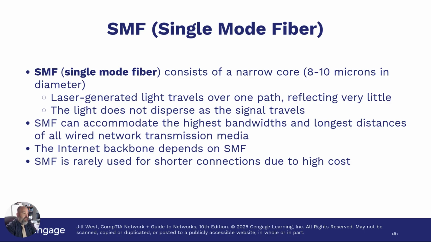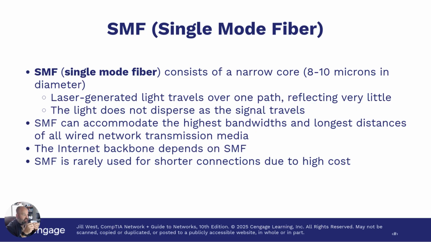When we're looking at fiber, we're going to start with single mode fiber. Single mode fiber is like the Lamborghini of fiber optics. It has a narrow core, which is around 8 to 10 microns, which is thinner than human hair, and laser light that travels in essentially one path with very little reflection. Because the light doesn't bounce around much, it doesn't disperse as it travels.